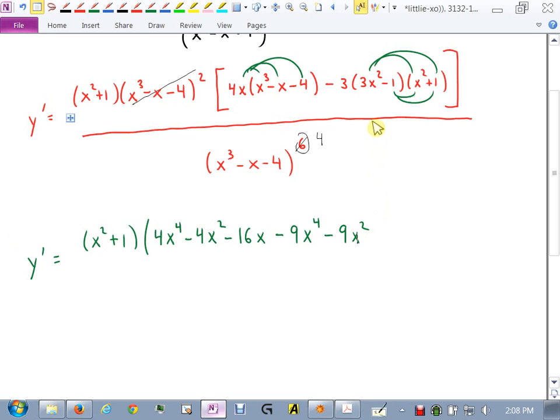And then negative 1 times x squared is a negative x squared, but then times 3, so negative 3x squared. And then finally negative 1, then times negative 3, which would be positive 1.